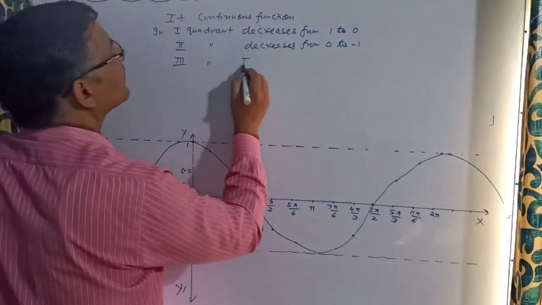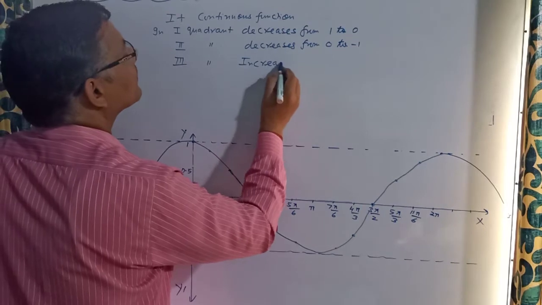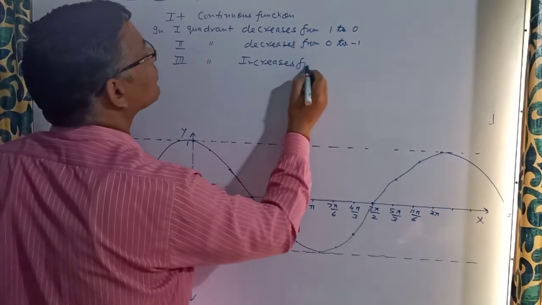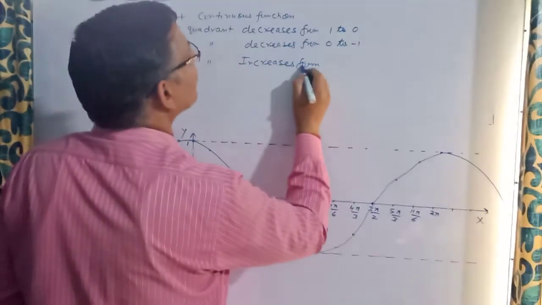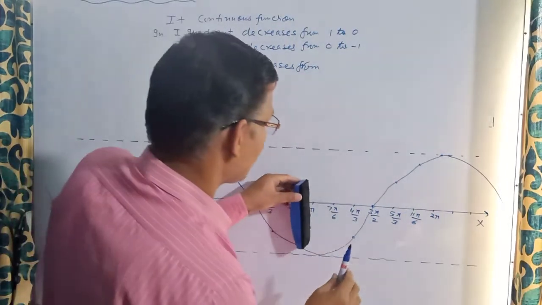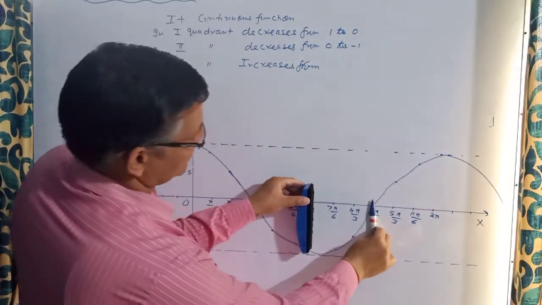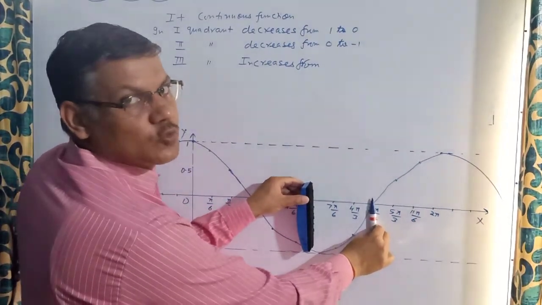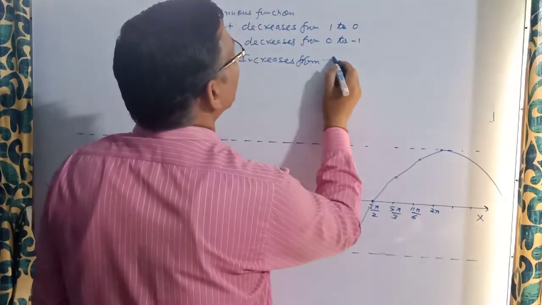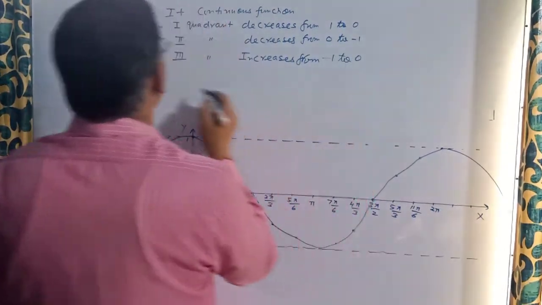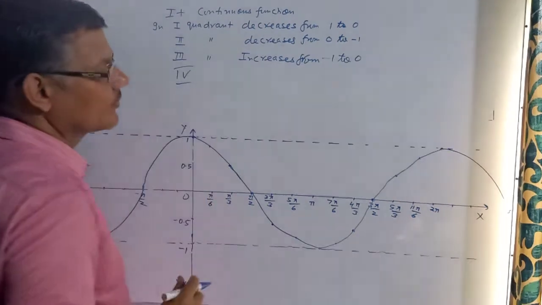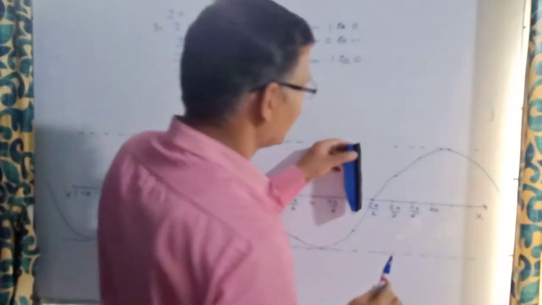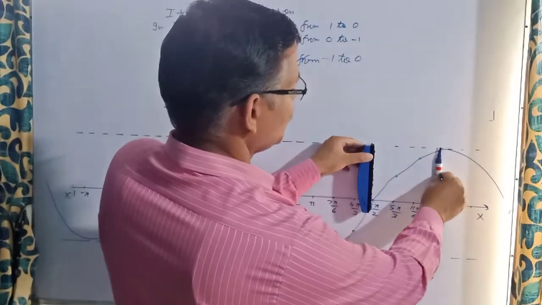Third quadrant, it is increasing. Where is the third quadrant? It is pi to 3 pi by 2. So what about the increase? Minus 1 to 0. Now it is time to write the nature of the graph in the fourth quadrant, 3 pi by 2 to 2 pi.